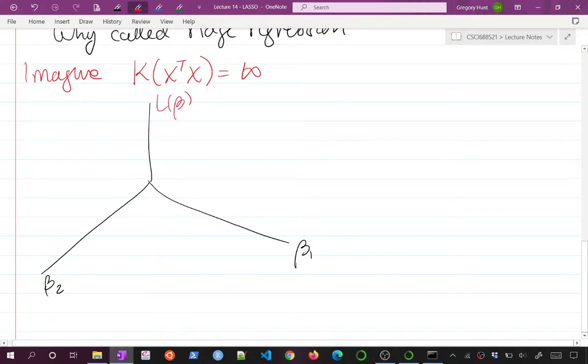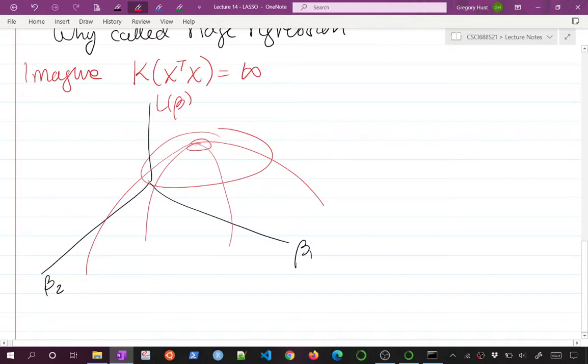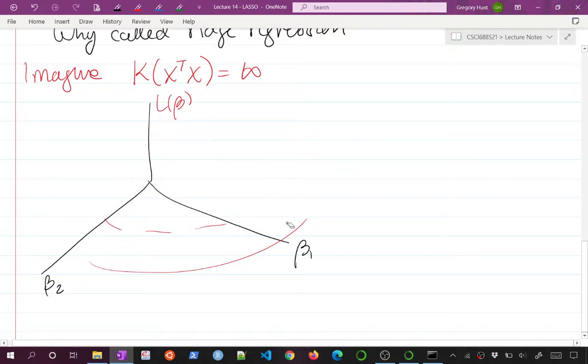So let's say we have beta 1, beta 2, and maybe they're perfectly correlated, and our z-axis is L of beta. This is some surface in 3 dimensions, and it's hard to draw here what this surface looks like. I guess we want to minimize this, so let's write it the other way.